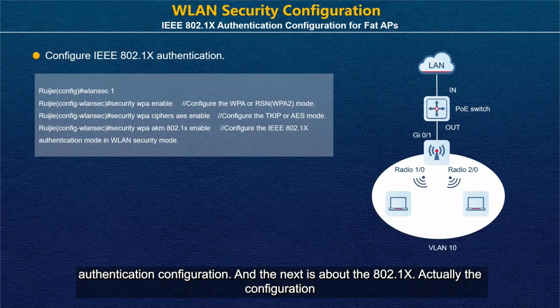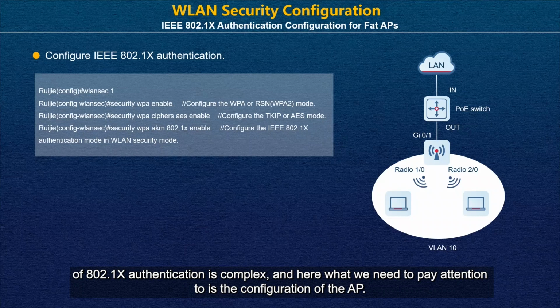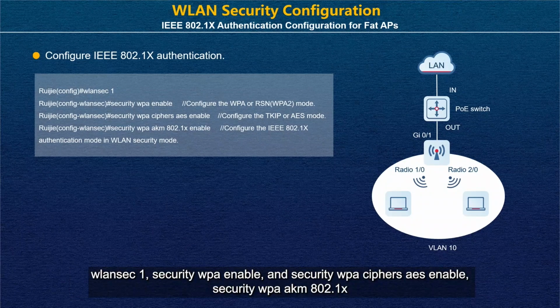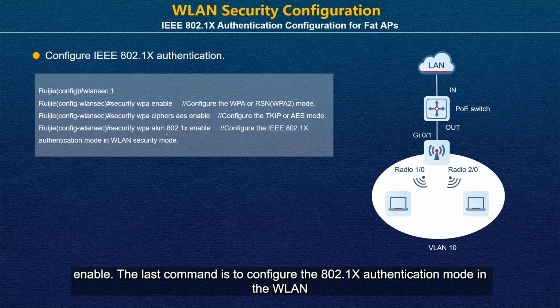And the next is about the 802.1x. Actually, the configuration of 802.1x authentication is complex. And here, what we are paying attention to is the configuration on the AP. WLAN sec1, security wpa enable, security wpa cipher aes enable, security wpa akm 802.1x enable.